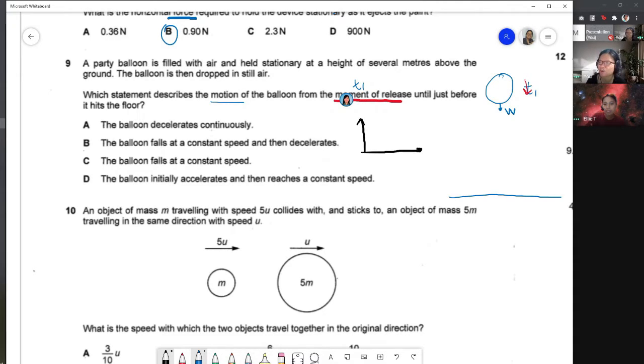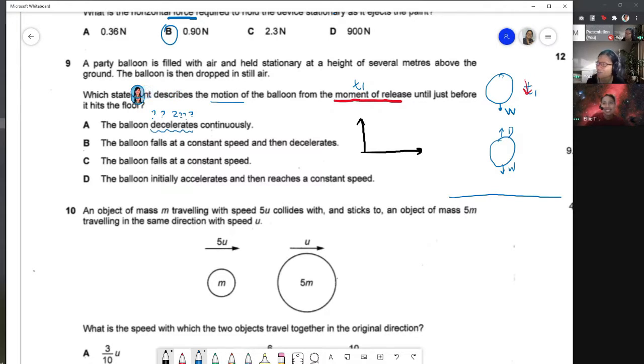At this point, there is no other forces but weight. But as it's falling, of course, there will be weight, and there will also be some air resistance or drag force. So if the ball falls faster, the ball is not going to decelerate, guys. If you release the ball already not moving, and then it decelerates, I don't know what is happening to the ball.